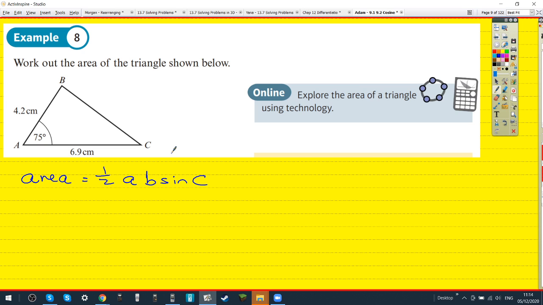So would you sub in half times 4.2 times 6.9 times sine 75 degrees? Yep. What do you get?